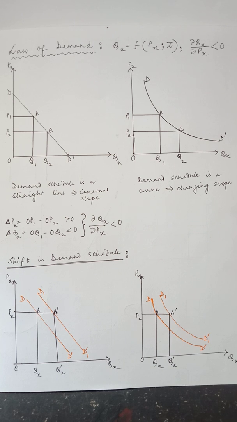So for the commodity in question, if its price changes, then we say the quantity demanded of the commodity changes with respect to its own price. And when other things are changing, we say that the demand for the commodity is changing. That is, if it is increasing, it will move to the right, and if the demand is decreasing, then we will shift to the left.